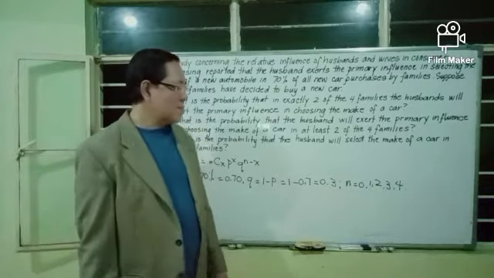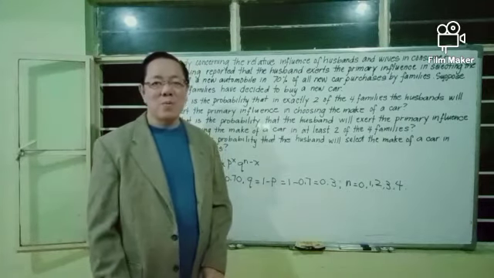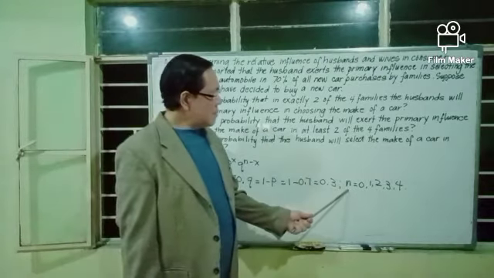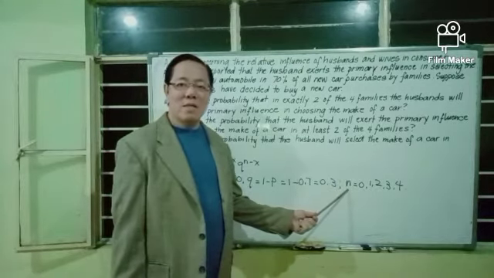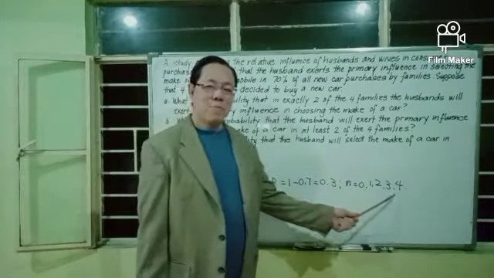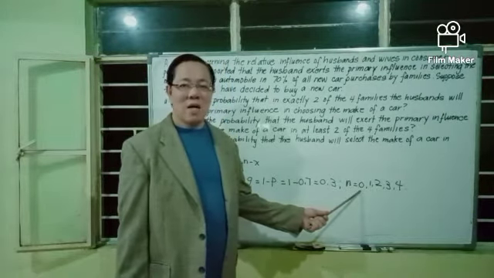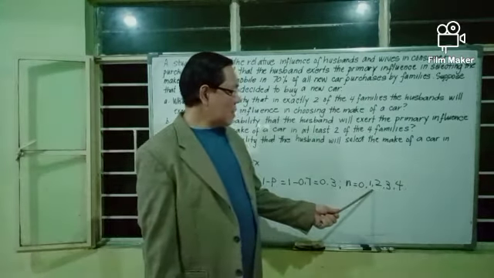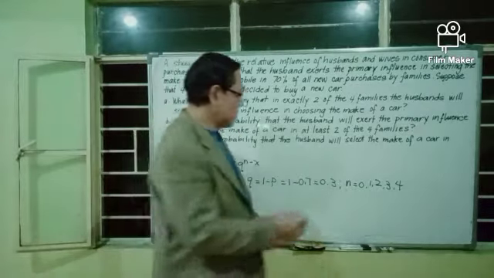And in this problem, there are 4 families who have decided to buy a new car. So the possible values for the number of husbands who will decide on the make or brand of new car to purchase is 0 to 4. 0, that is none of the 4 families will have the husband decide on the make or brand of new car to purchase.